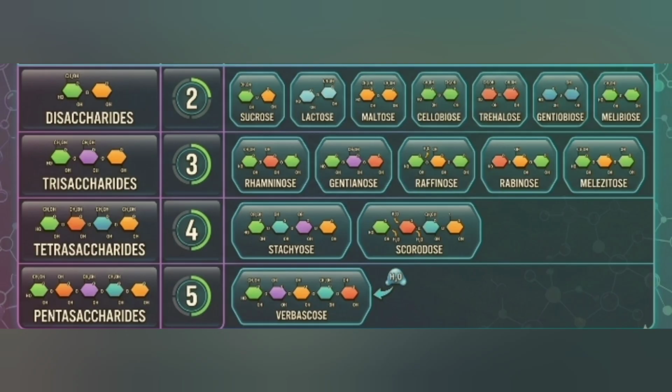Best examples of disaccharides are sucrose, lactose, maltose, cellobiose, trehalose, gentiobiose and melibiose. Trisaccharides include rhamninose, gentianose, raffinose, rabinose and melezitose. Examples of tetrasaccharide are stachyose and others, and an example of pentasaccharide is verbascose.